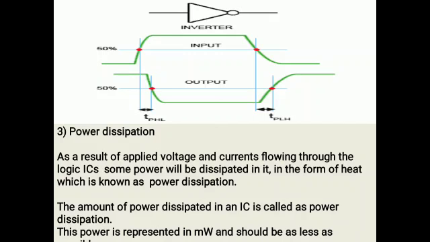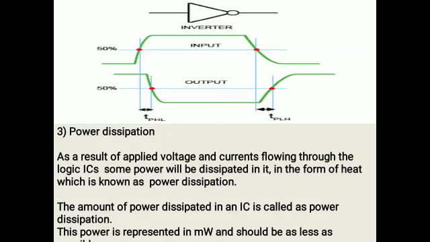They may vary, and whichever is more, that value is taken as the propagation delay. This propagation delay should be as low as possible so that the speed of the gate or the IC will be high.